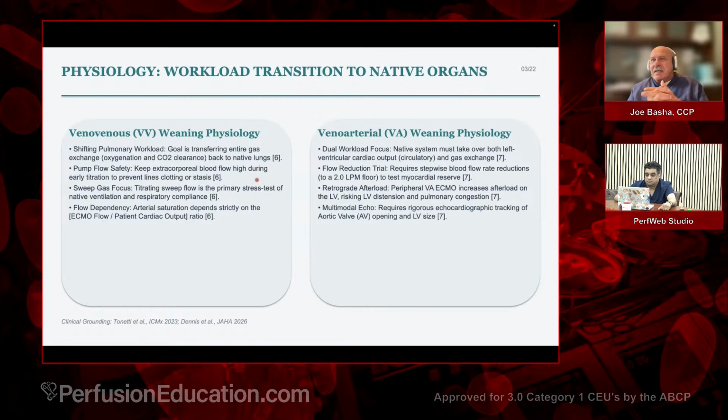You might be messing with the drips, titrating this, titrating that, and your hemodynamic monitor could give you a false sense of success. You really need to be doing echoes, and you need a good echo sonographer.